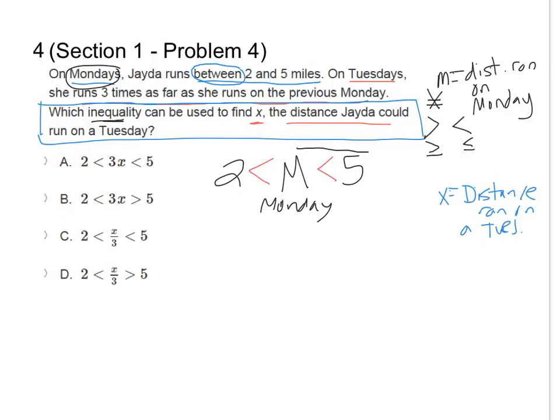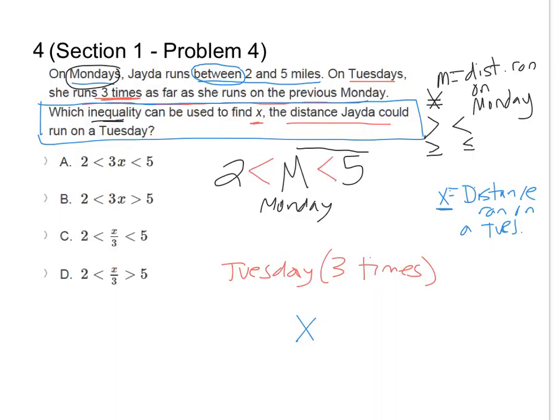So we know this is how much she ran on Monday. Well, how does that help us find how much she ran on Tuesday? On Tuesday, it clearly says in the problem that she runs 3 times farther. Remember, the letter we're using for Tuesday, they tell us is x. Otherwise, we could have used t, but they tell us to use x.